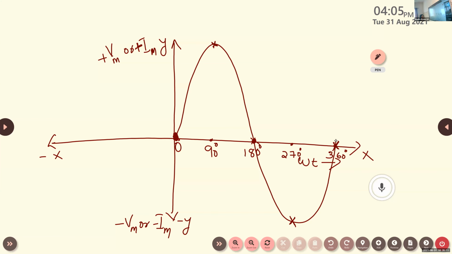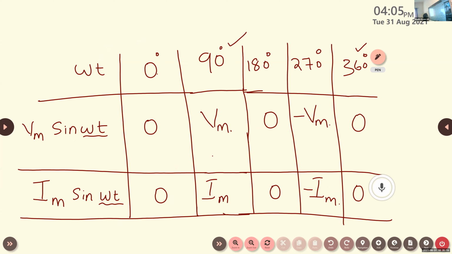Similarly, in the same graph itself, we can represent the value of alternating current. For the phase angle omega t equal to 0 degree, the value of Im sin omega t is 0.